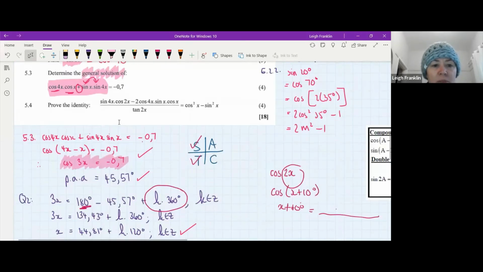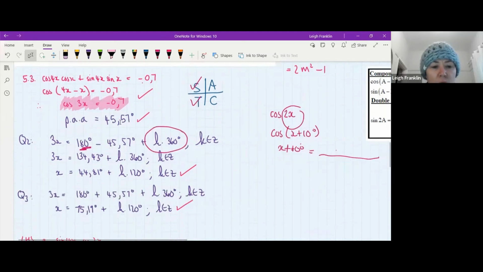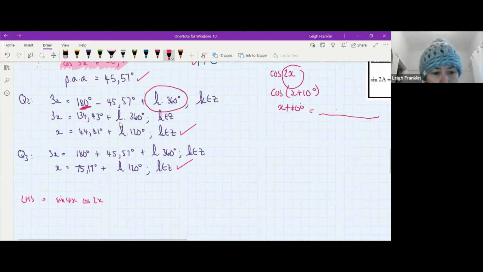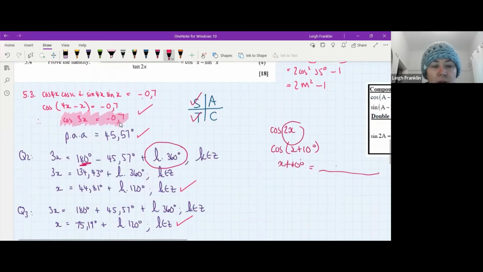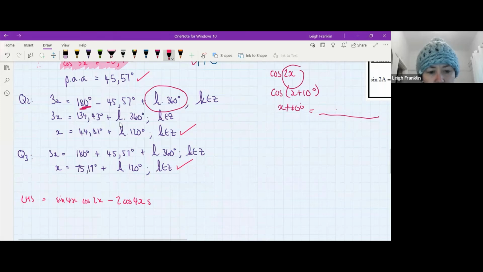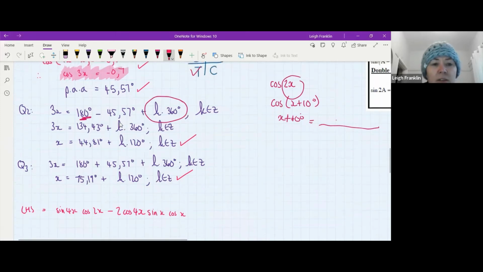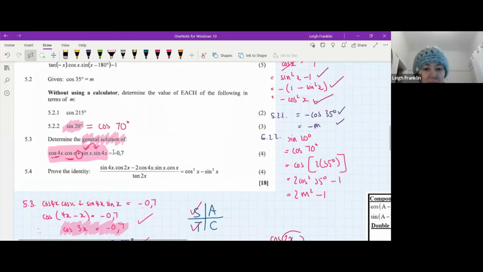Then the second term is minus 2 cos 4x sine x cos x, and that was all over tan 2x.